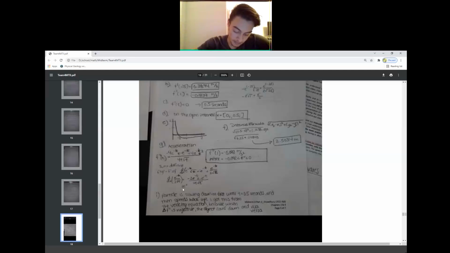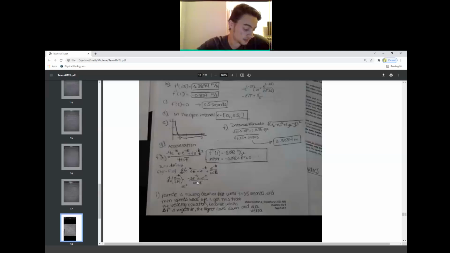And then that gave me, I just wrote it backwards, I guess, but I put the function for acceleration up at the top. It comes out to negative 4e to the negative t times t minus e to the negative t plus 4e to the negative t times t squared, all divided by 4t square root of t.